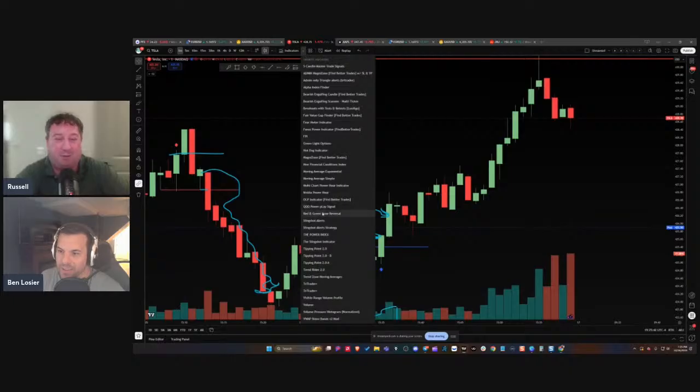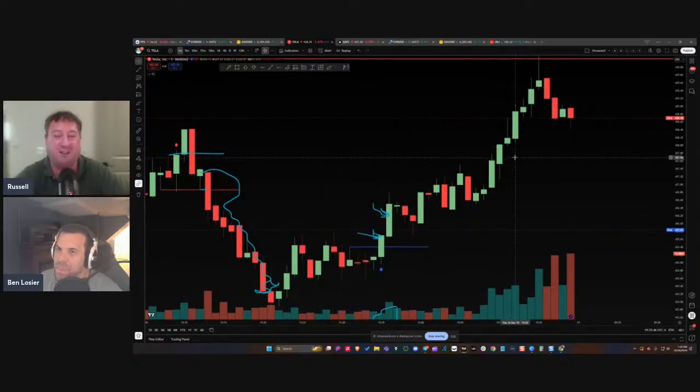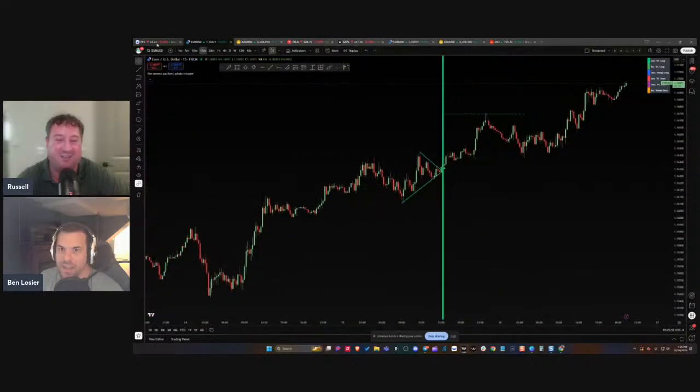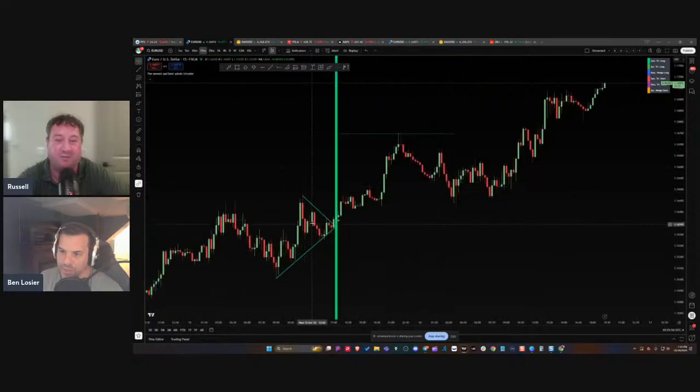Do you want to pull up my favorites right here? TriTrader's pretty interesting with the triangles, like 6 different triangles, right? So this is TriTrader right here. It'll identify 6 different triangles: symmetrical, ascending triangle, descending triangle, short symmetrical, short descending triangle, or ascending wedge.